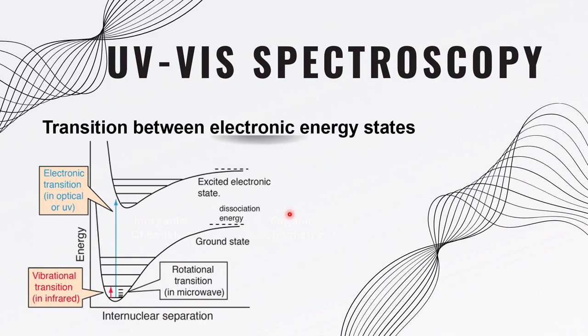There I also explained the transition that happens between electronic energy levels. It's called electronic spectroscopy. If the transition happens within vibrational energy levels, then it is called vibrational spectroscopy. If it happens between rotational energy levels, then it is called rotational spectroscopy. So in this video we are going to discuss electronic spectroscopy, that is UV visible spectroscopy.